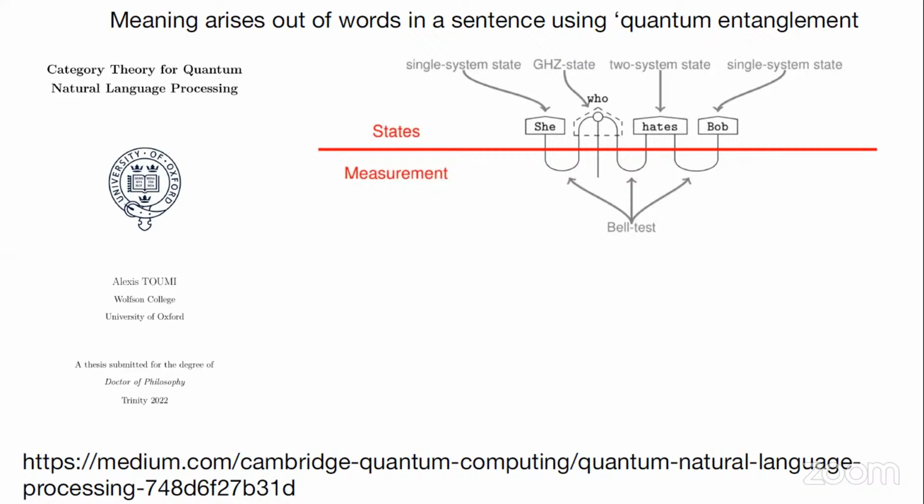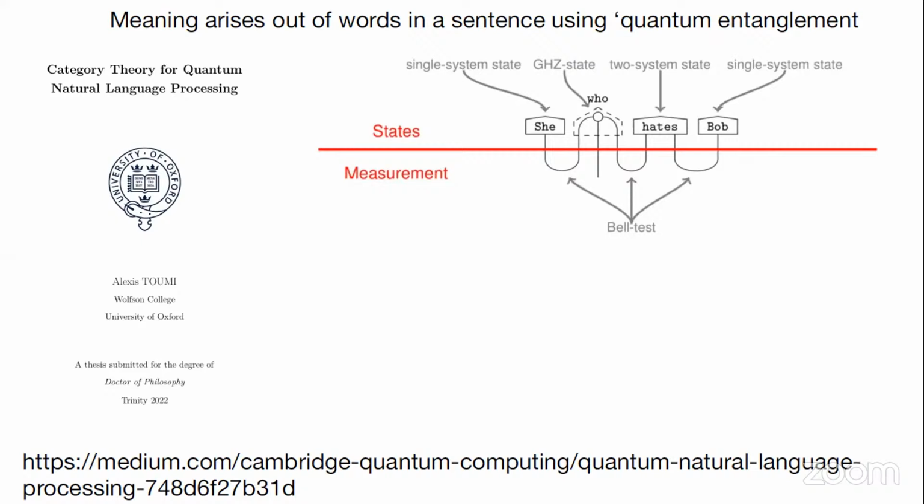So the strange thing that happens here, if you take a sentence like "she who hates Bob," they construct the meaning of the sentence in quantum entanglement. And Bob Coecke, who's one of the pioneers of this category-theoretic way of looking at quantum computing, is a big believer in this notion that compositional semantics in natural language is very well modeled by category theory.